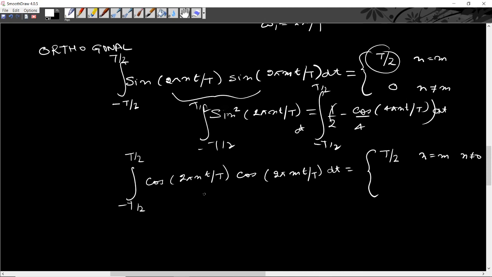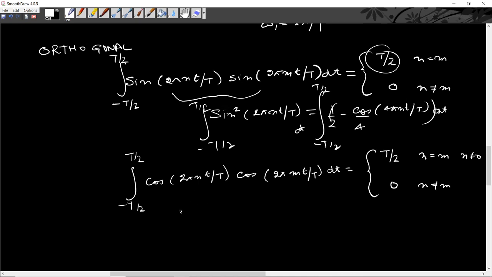When n is 0, we'll have the constant term that we'll handle independently. And when n is not equal to m, this integral is 0.